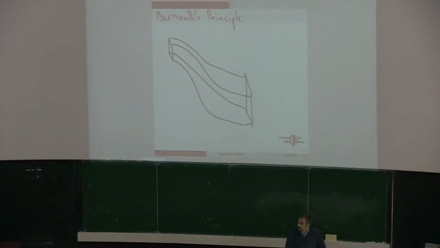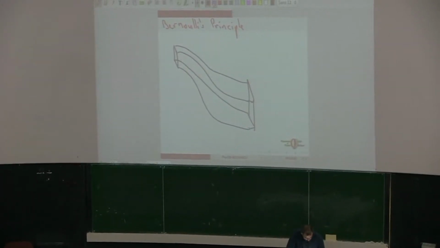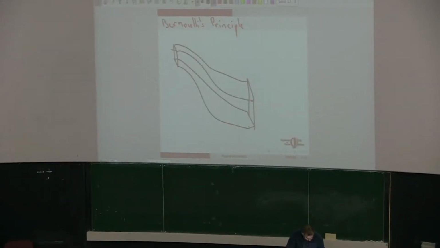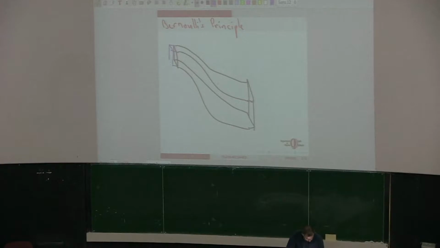Now, as time goes on, we know that there is one part, the liquid in this volume, will enter into my region, and the liquid in this volume, okay, so as the fluid is flowing, this area will move to this area, and this area will move to this area over here.